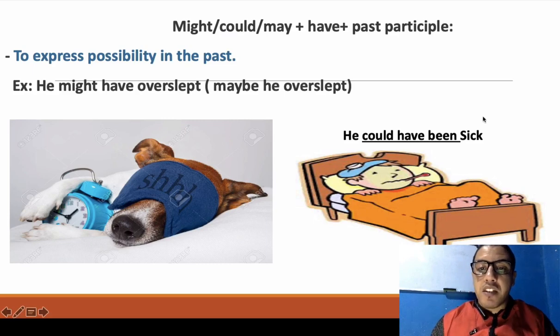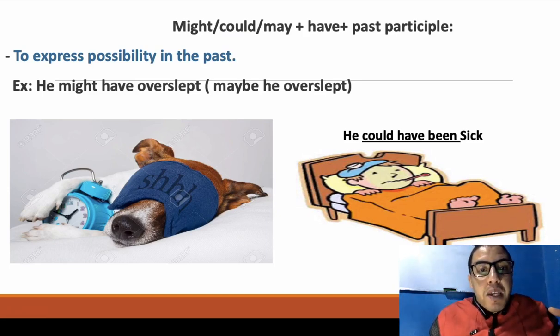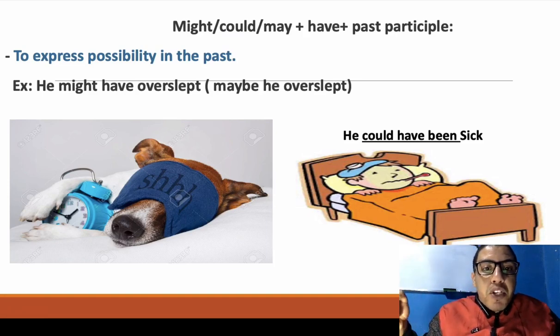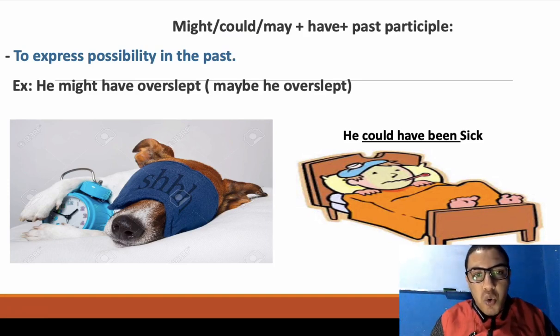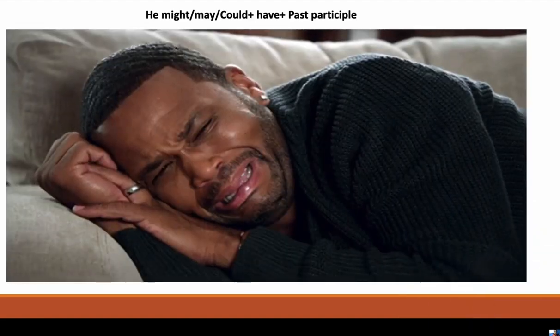Or maybe you could say that he could have been sick. Got it? But I am not sure. It is just possibility. Maybe yes, maybe no. But please, if you are sure and you have evidence, you are going to use must plus have plus past participle.